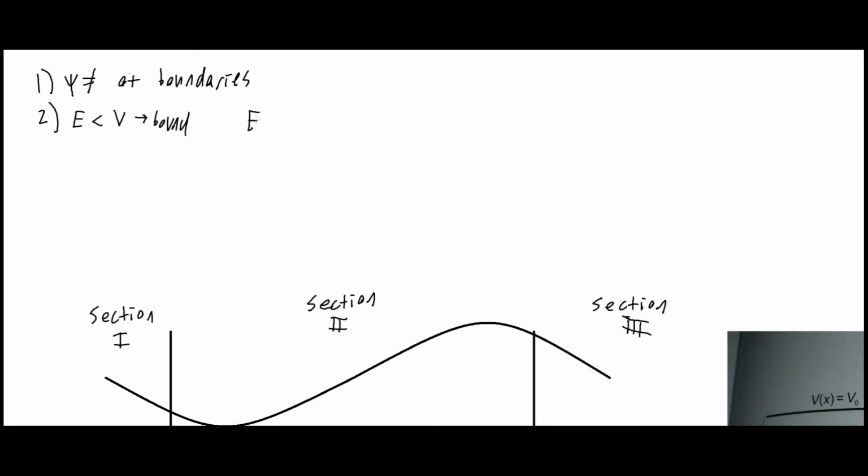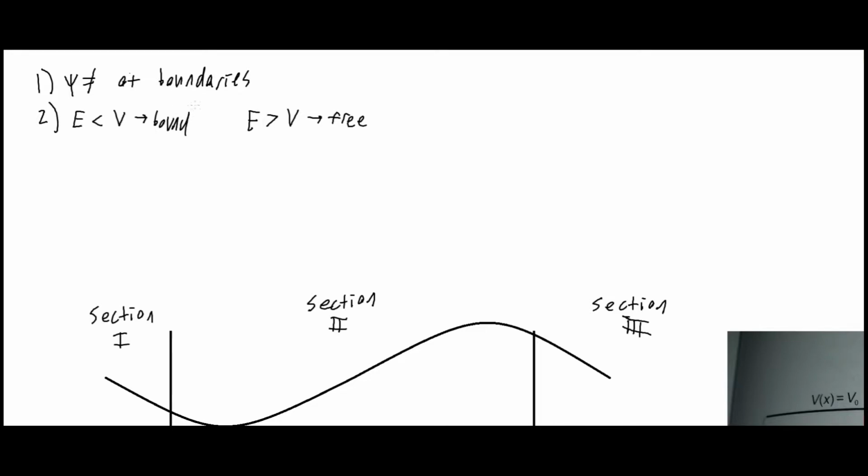But if the energy is greater than the potential, which was impossible when we have infinite potential, but in this case, since we have finite potential, this can be the case, and this will mean that the particle is free, essentially that it can escape your well. And so these are the differences between the finite and infinite rectangular potential wells.